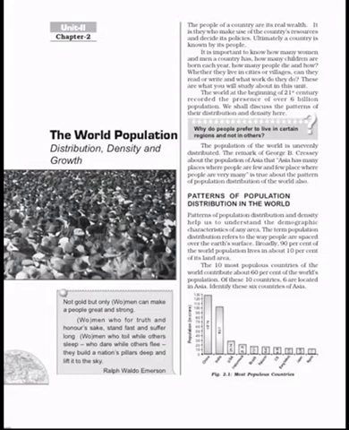Pattern of population distribution helps us to understand the demographic characteristics of any area. The term population distribution refers to the way people are spread over the Earth's surface. Broadly, 90% of the world population lives in about 10% of its land area.